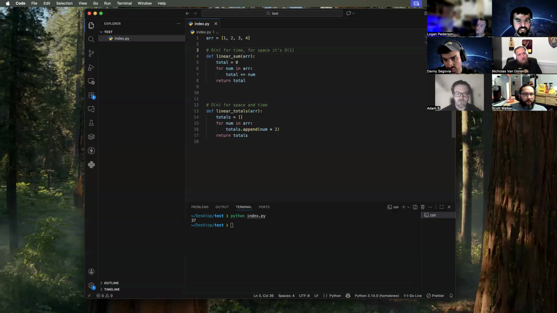Understand this concept right here. If you just understand, hey, what is the output doing in relation to the input? Is it not growing at all? O of 1. Is it growing linearly? O of n. Is it squared, quadratic?